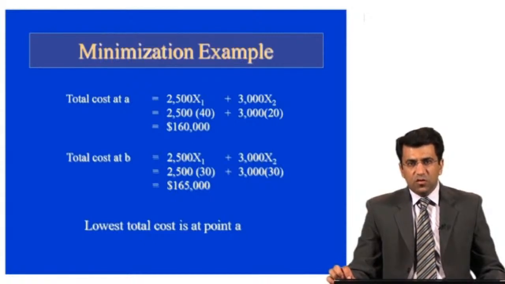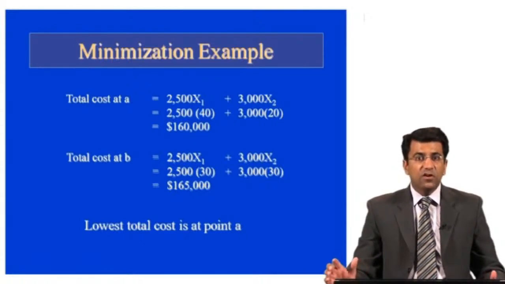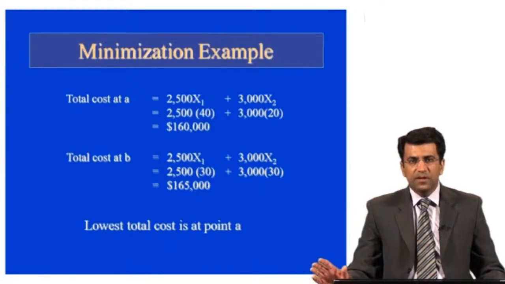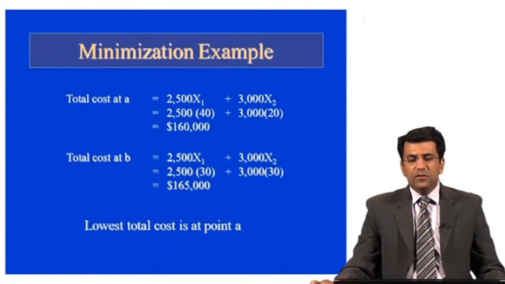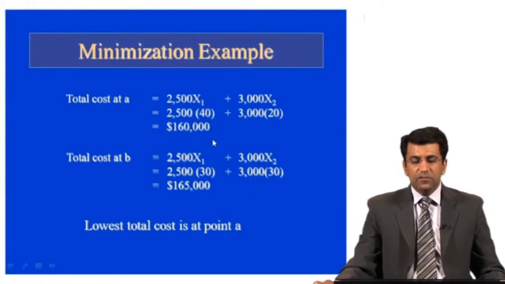We solved those two lines, as you have already solved lines in the maximization problem. So we get the values of x1 and x2 equal to 40 and 20. Putting that in the cost function, we got the total cost at one of the corner points equal to $160,000. Now let's consider the other corner point, that is point B.